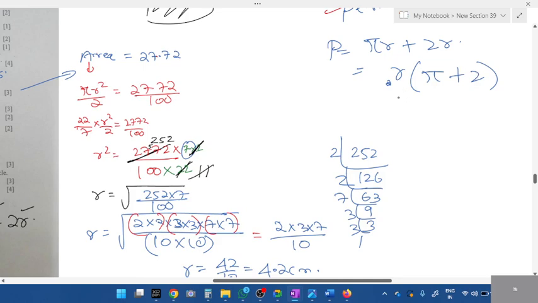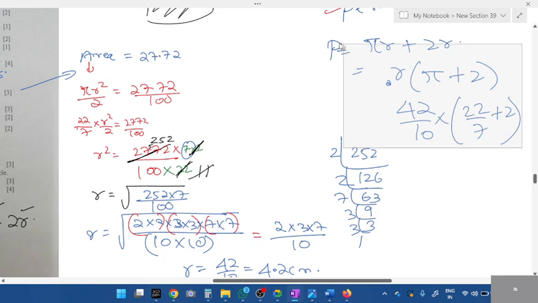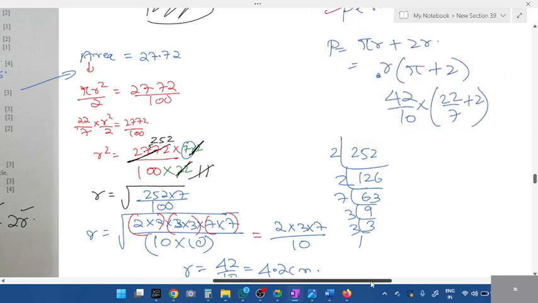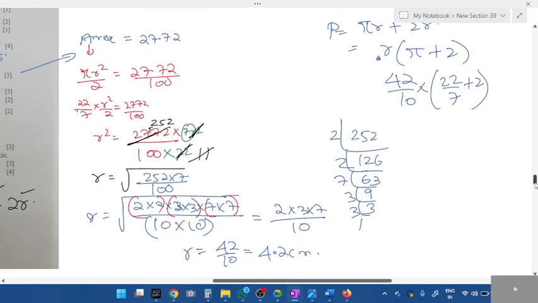Here, R value is 4.2. I'll write 4.2 as 42 by 10 into pi, which is 22 by 7, plus 2. You need to take LCM. Complete it till here. Okay, you all take LCM, students. Try to complete it.